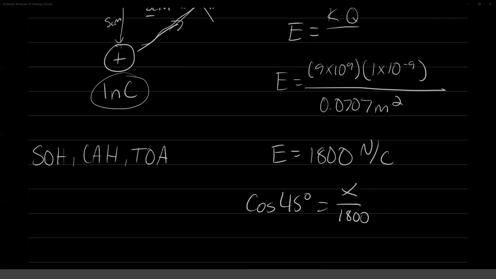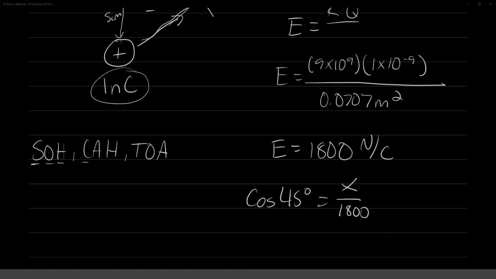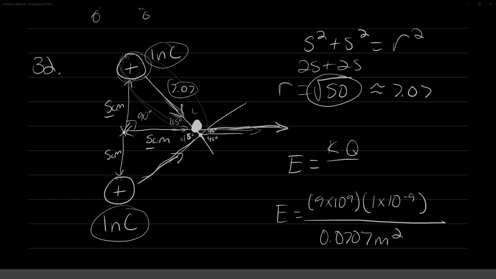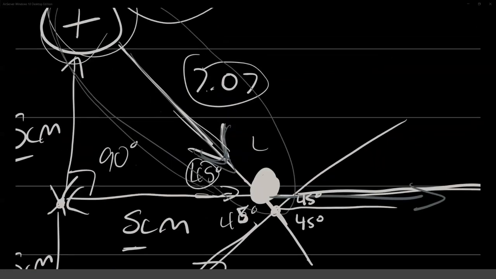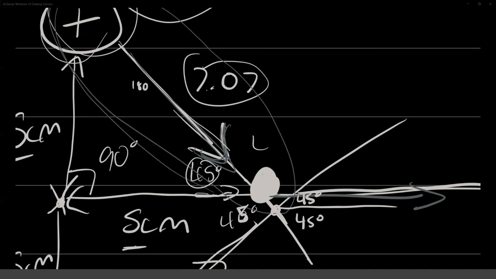Sine is opposite over hypotenuse, cosine is adjacent over hypotenuse, and tangent is opposite over adjacent. If I'm doing this triangle to figure out how much force is being pushed on the ball, I know this angle, and I know this side is 1800 newtons. So I'm trying to figure out this side, the x value.